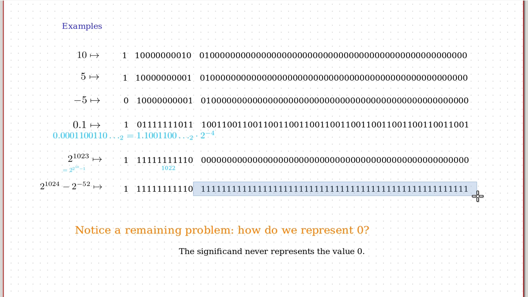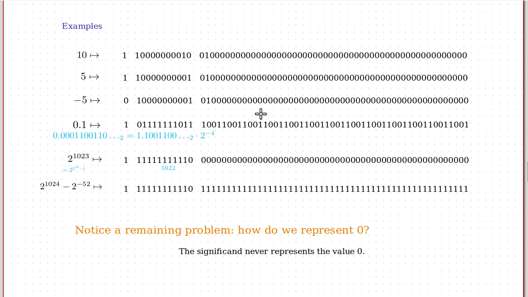So this number here actually represents 2 times 2 to the 1023, which would be 2 to the 1024, except we subtracted off 2 to the minus 52. So this is the largest number you can represent without increasing that power. Okay?